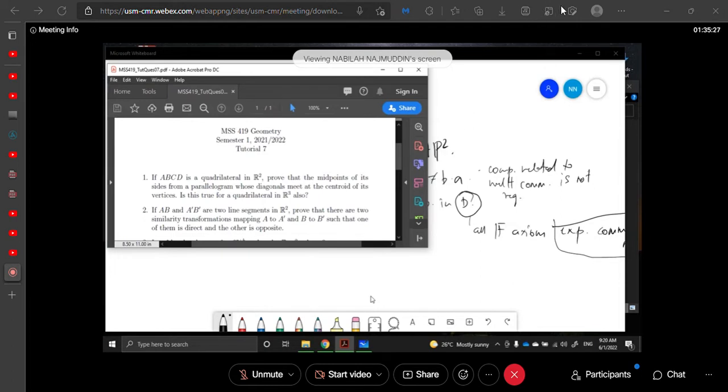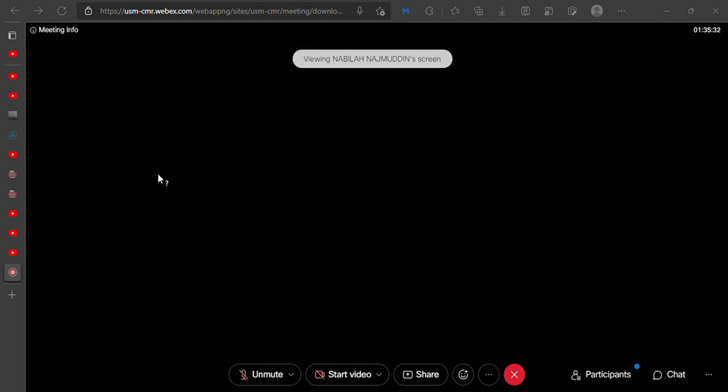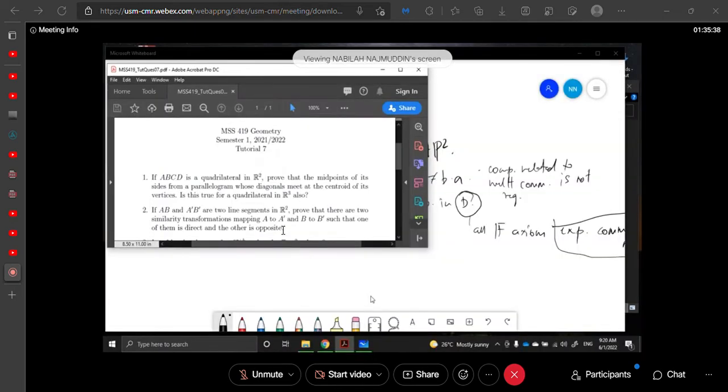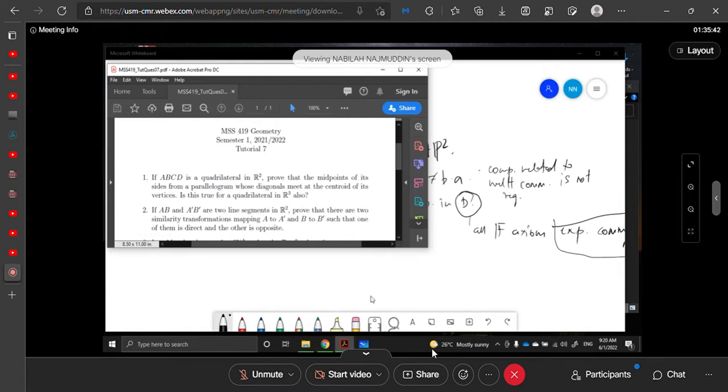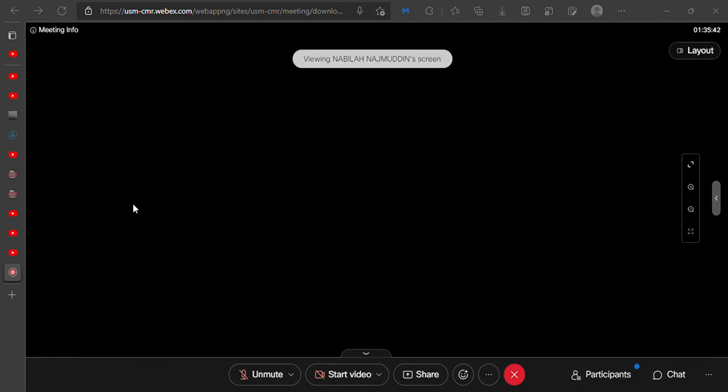ABCD is a quadrilateral. The midpoints of each side form a parallelogram whose diagonals meet at the centroid of the quadrilateral.